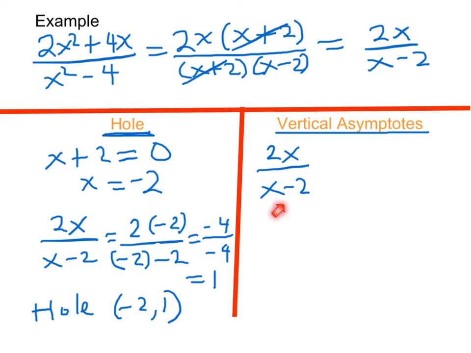We know that a vertical asymptote exists at the x values for which the denominator of the simplified version will be 0. We don't want a 0 in the denominator. That will make the expression undefined. So we need to set this denominator equal to 0 to find out the x value for which the expression will not be defined.